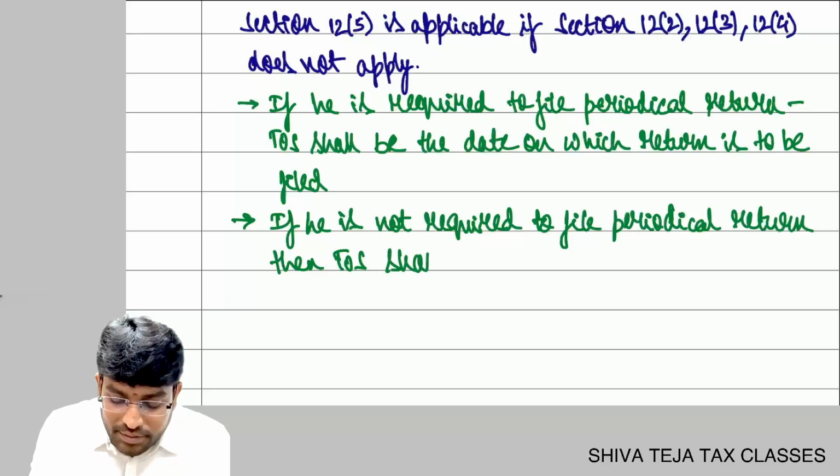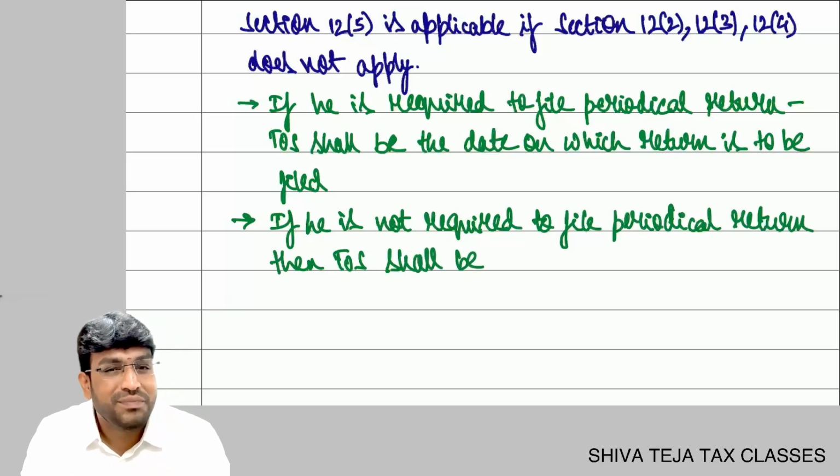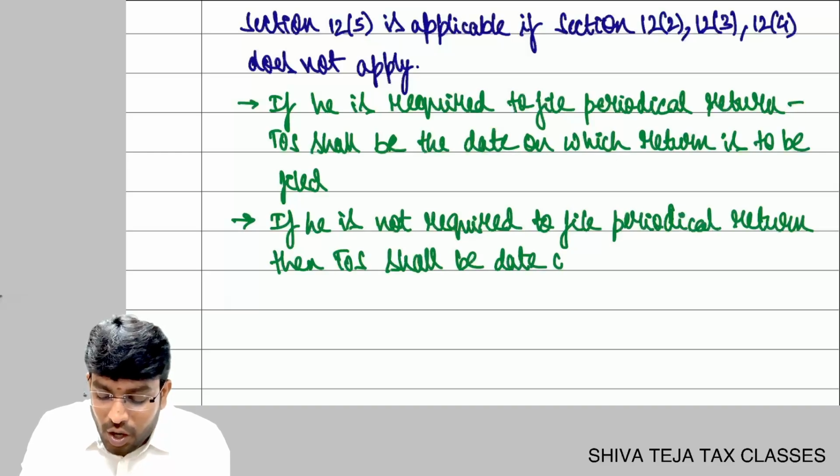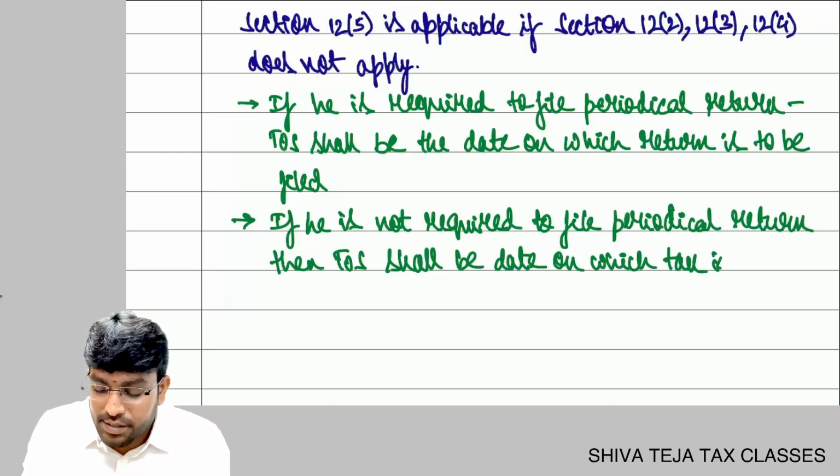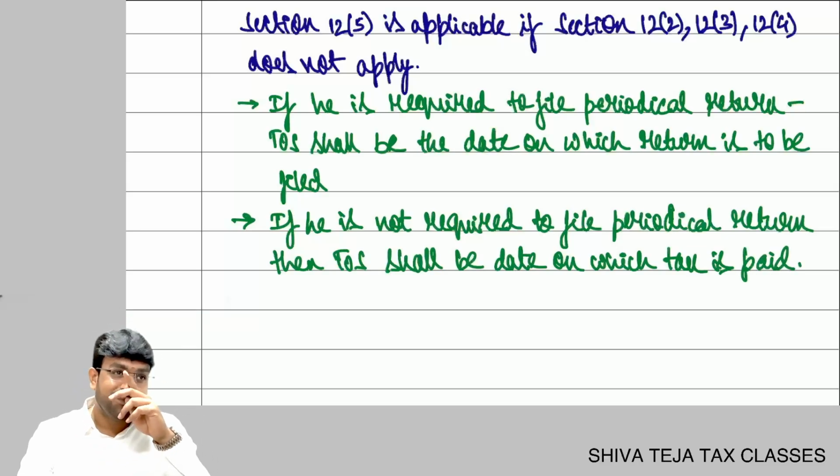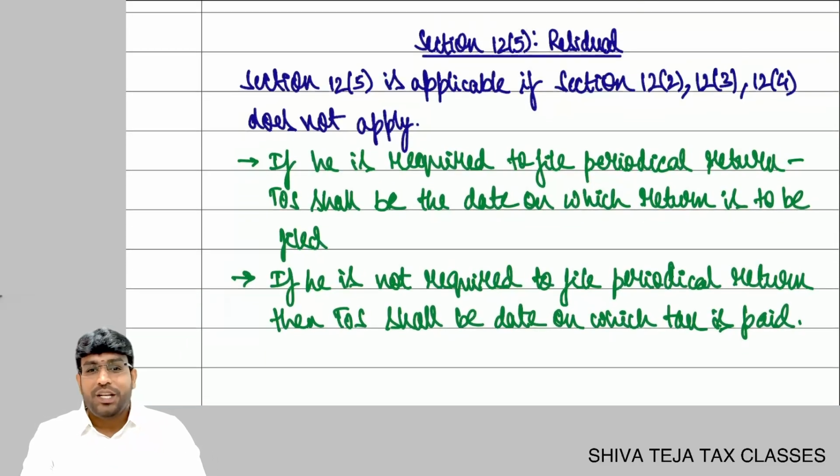Then TOS shall be the date on which tax is paid. Which day you paid tax, that is only time of supply. Because no data is available.